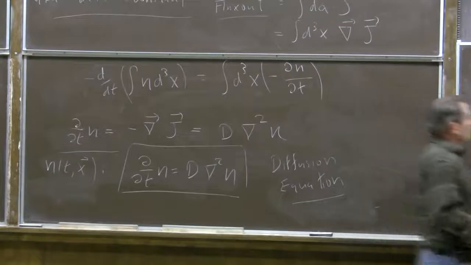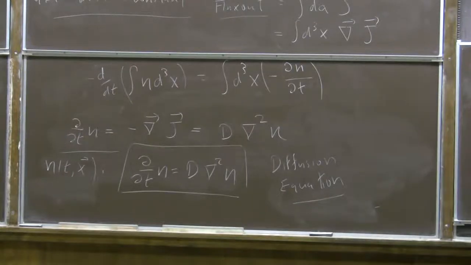But if we have a gradient where there are more ink molecules over on the left than there are on the right, then if I look at some particular cut of the system into two parts, we'll have more ink molecules flowing from left to right than from right to left, if there are more ink molecules over on the left side of the cut. And that will cause the distribution to smooth out, or the gradient to go down, and that's what the diffusion equation describes.